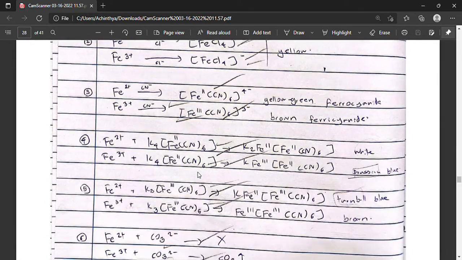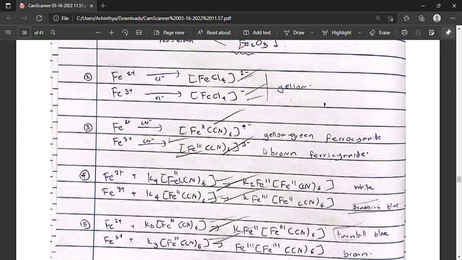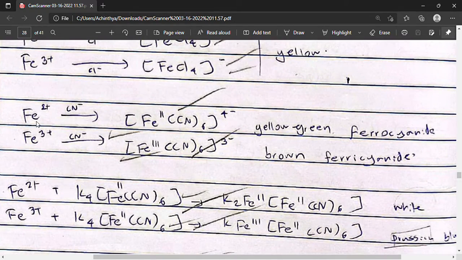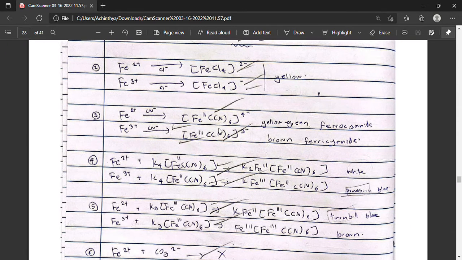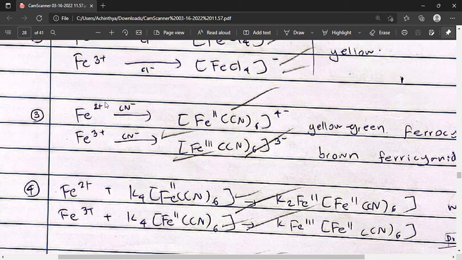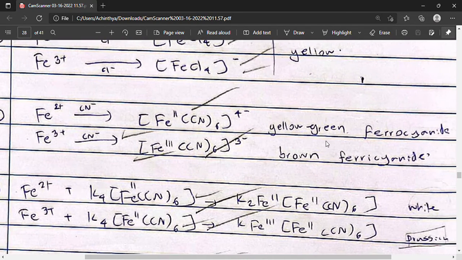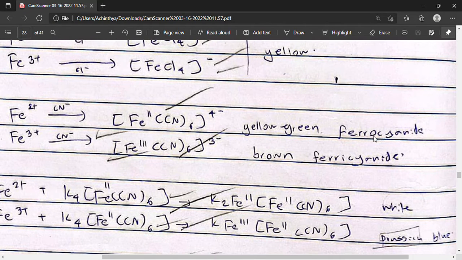Now here is where it gets very tricky. Both the ferrous and the ferric ions react with cyanide solution to form their respective complexes. When the cyanide ion solution is added to ferrous ion solution, it forms a yellow-green colored ferrocyanide.